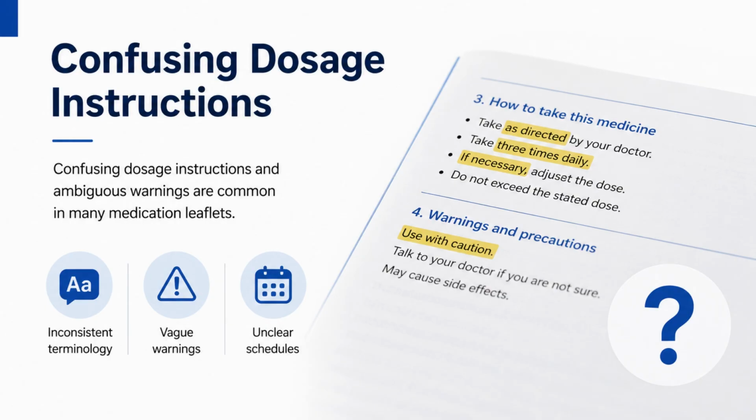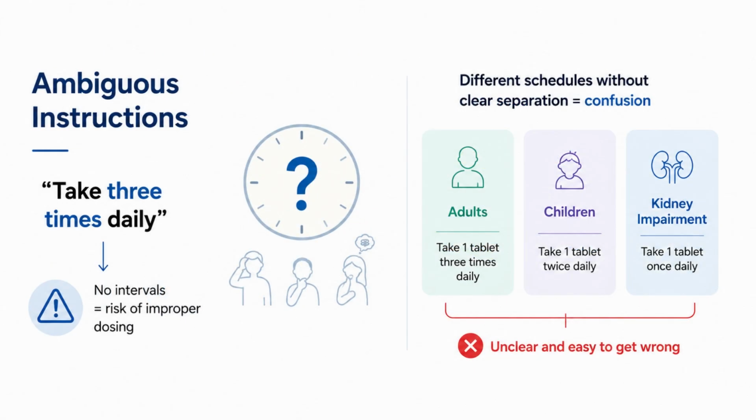Inconsistent terminology, vague warnings, and multiple dosing schedules without clear explanations can easily confuse patients. For example, the instruction, "Take 3 times daily," is ambiguous without specifying the intervals, leading to improper dosing. This confusion is compounded when different schedules are given for various age groups or conditions without clear separation.